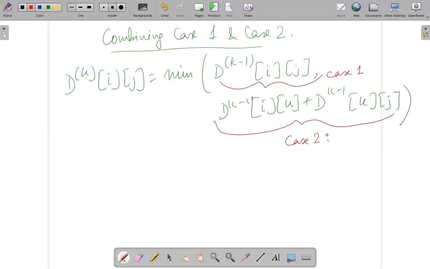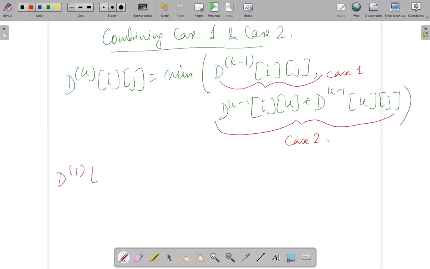Okay, so some examples we can try to compute for our running use case.